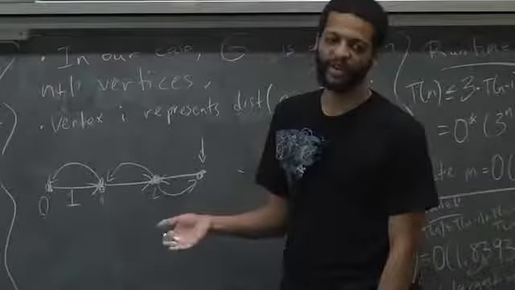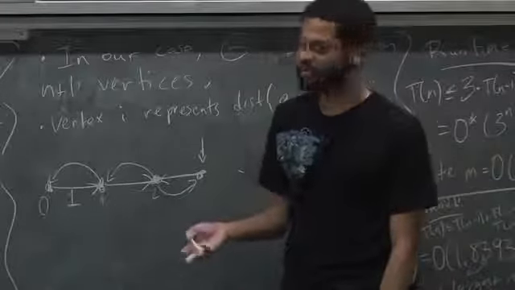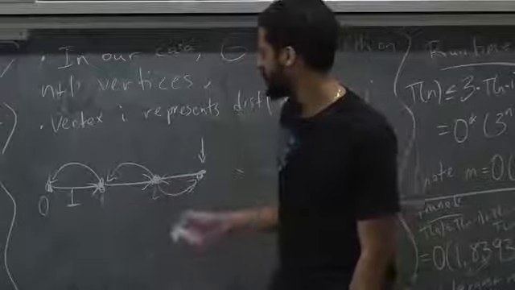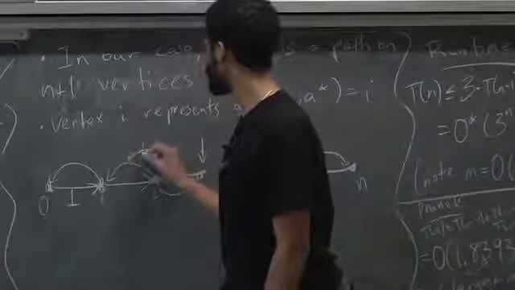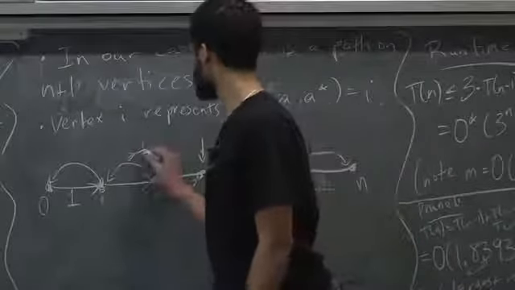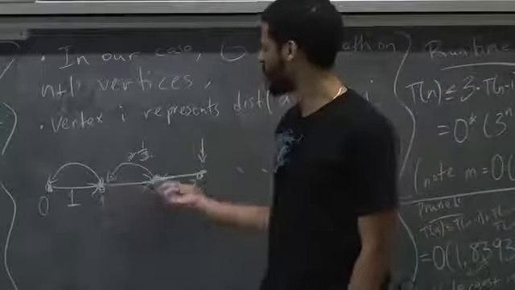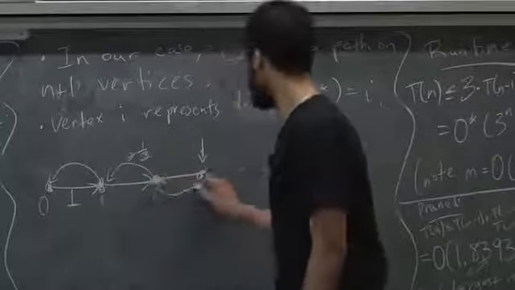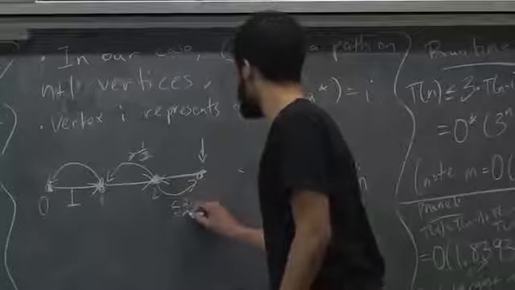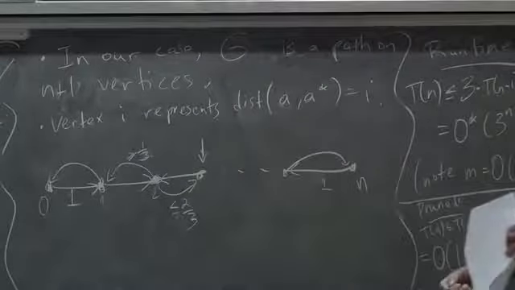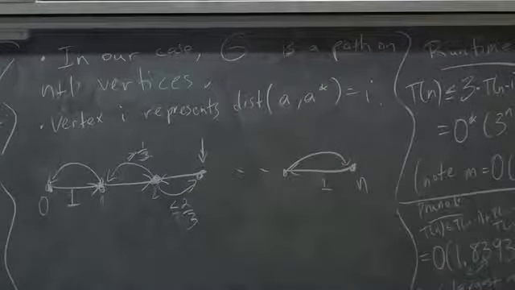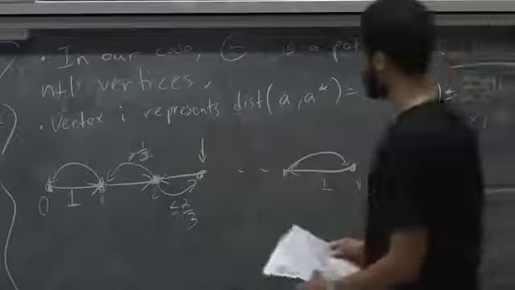So there are 3 variables, and we disagree with at least one. So our probability of going left is at least a third, and our probability of going right is at most 2/3. Does that make sense? This is true for all the intermediate vertices.